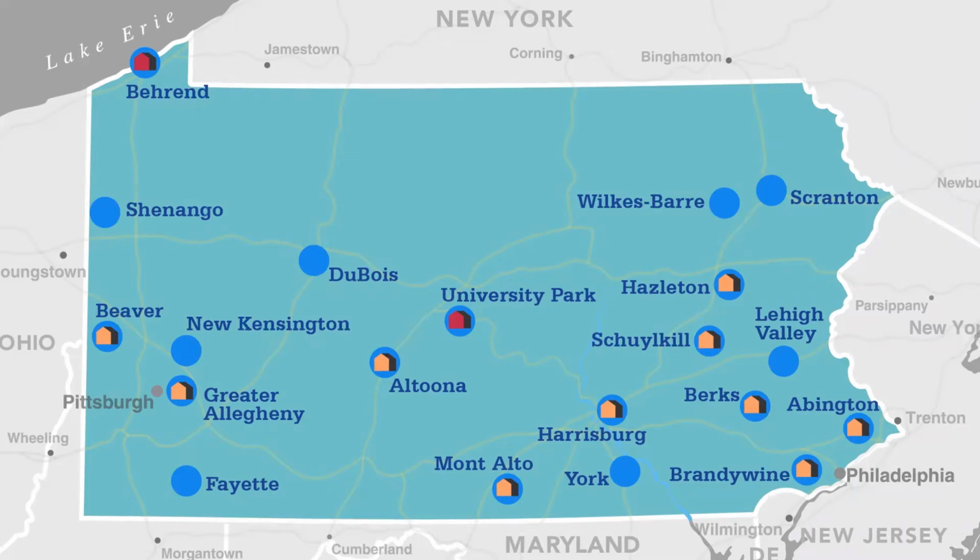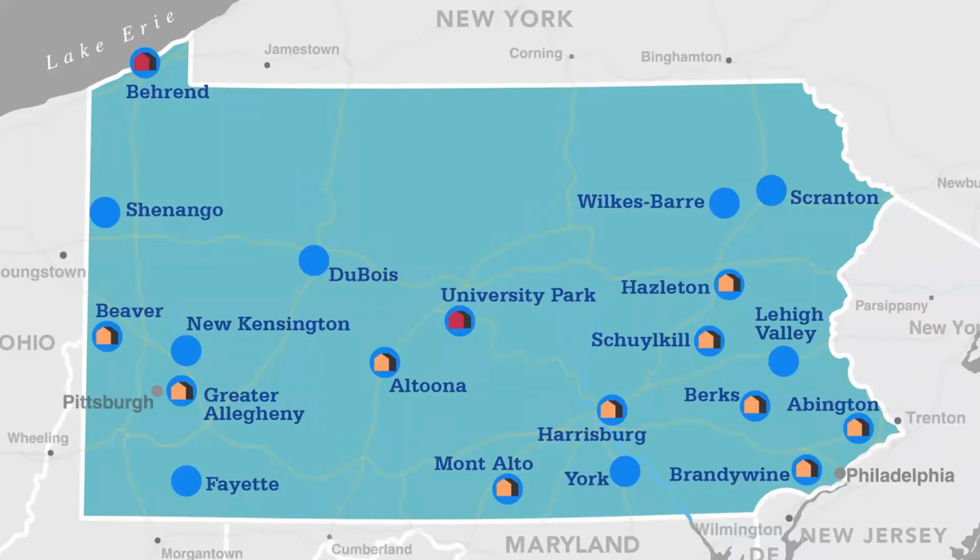But one thing to note as you're looking at this map of the Commonwealth of Pennsylvania, the campuses that have the little orange or red monopoly houses are the campuses that have on-campus housing. It's university owned and operated. At the University Park campus in central Pennsylvania and at the Barron campus in Erie, Pennsylvania, in the northwest corner, housing is both guaranteed and required for all first-year students at the university.